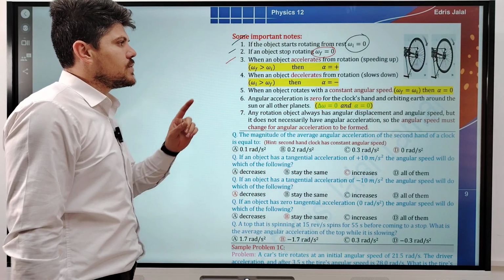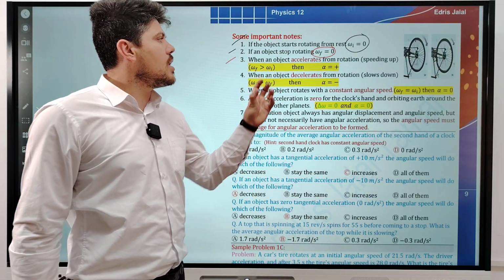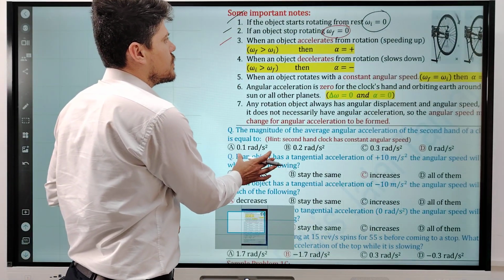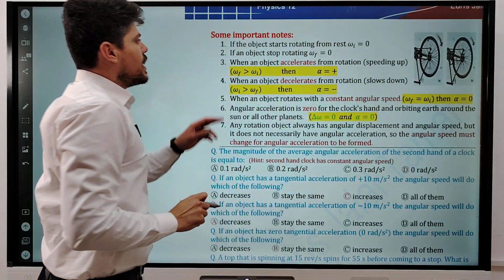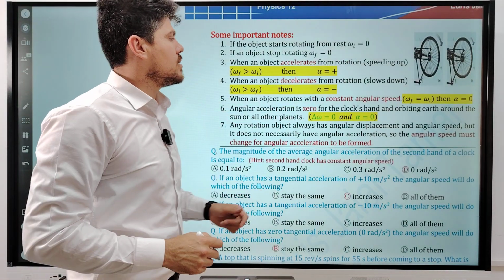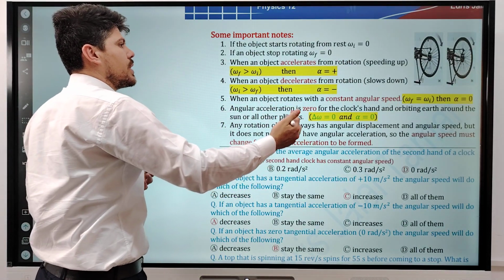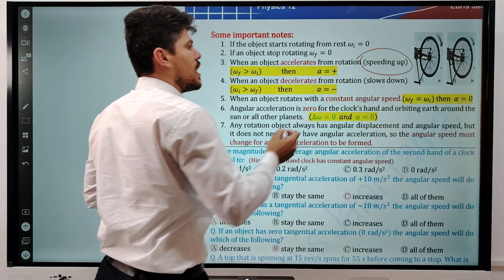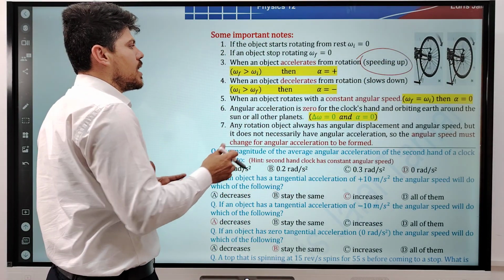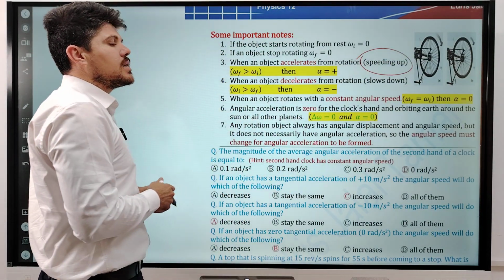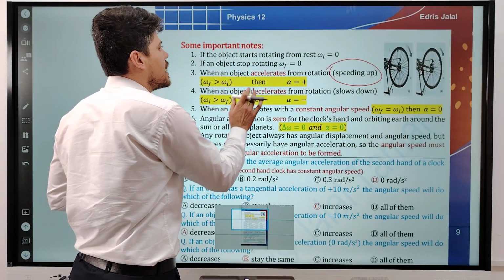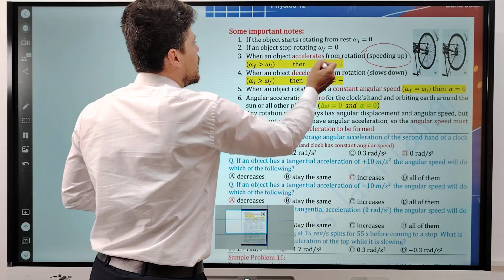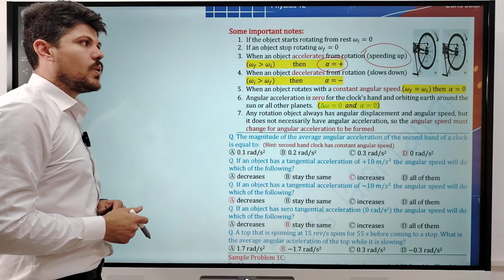The third note is very important, be careful. When an object accelerates from rotation, what do we mean by accelerates? It means speeding up. In the case of speeding up, omega final is bigger than omega initial, and then alpha becomes positive. Why?